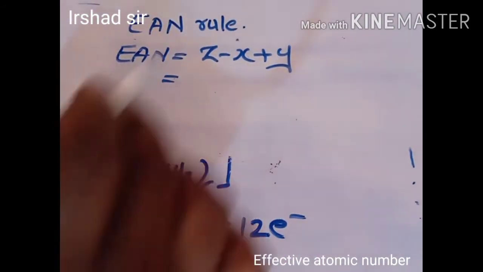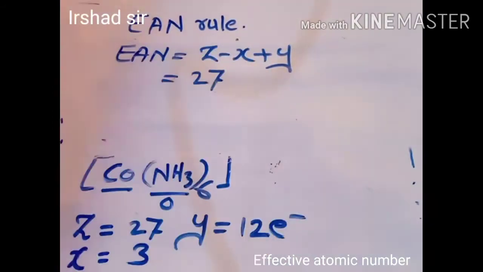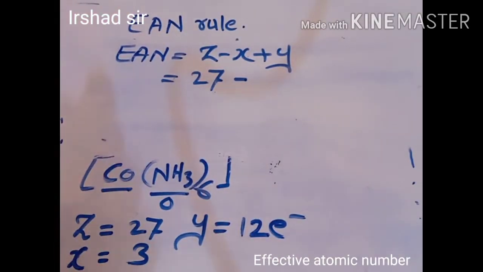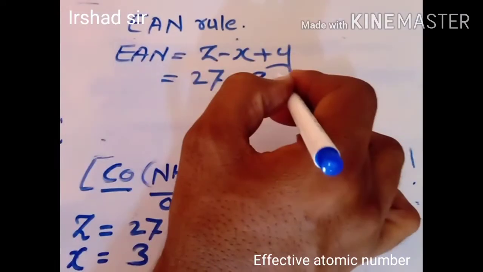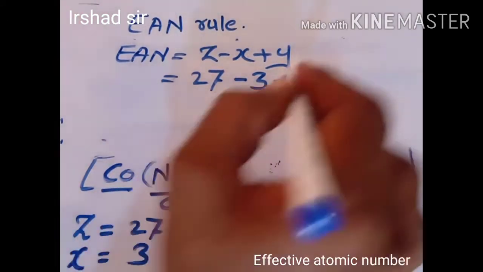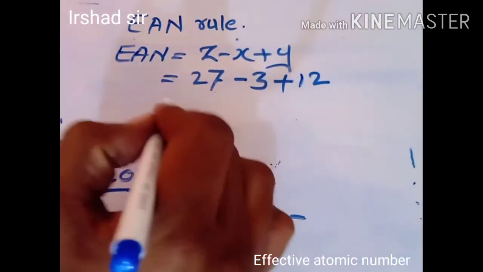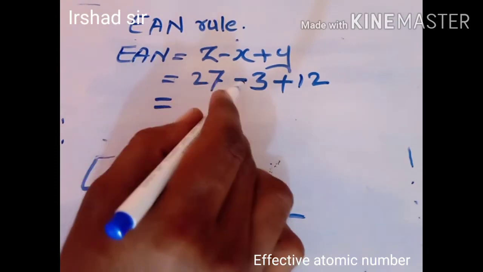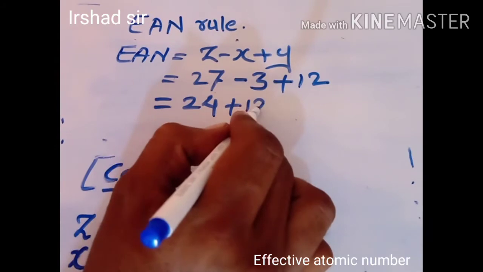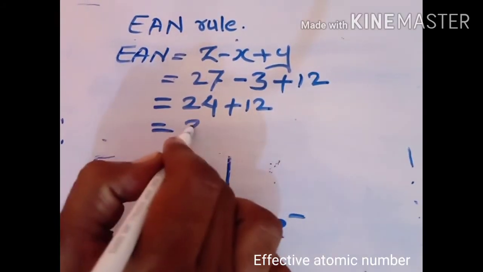What is the value of Z? That is 27, minus. What is the value of X? That is 3. What is the plus? That is the plus sign. What is the value of Y? That is 12. Now calculate: 27 minus 3 is 24, plus 12, that is equal to 36.